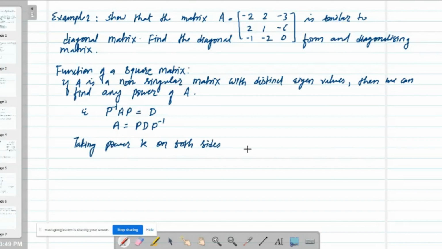So you will get, we get A to the power k and this equal to P D to power k and P इनवर्स. सेम जो मैंने वहाँ पे बताया था ना, अगर उसमें और इंक्लूड किया रहेगा तो इस तरह से किया जाएगा. यही रिजल्ट मैंने वहाँ पे यूज किया था, ठीक है.